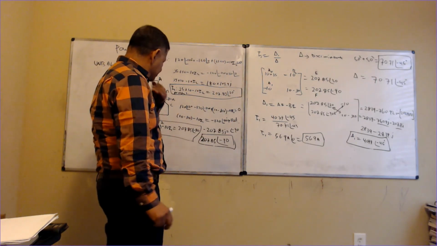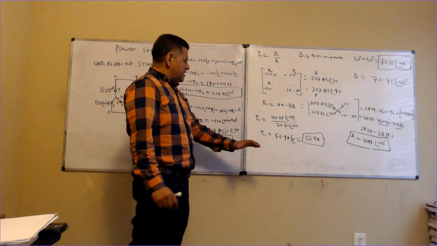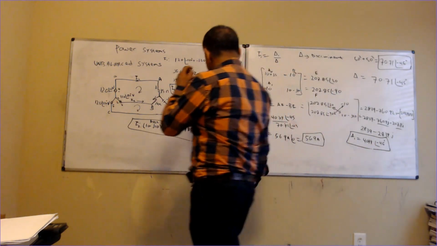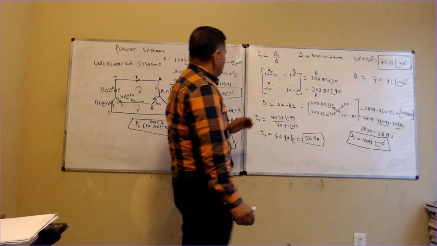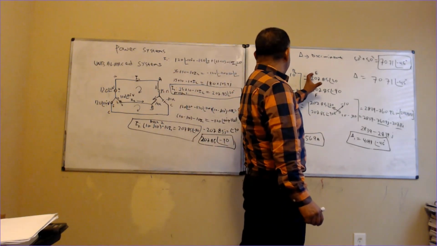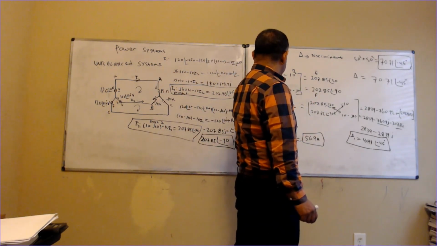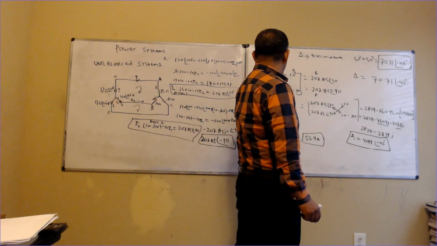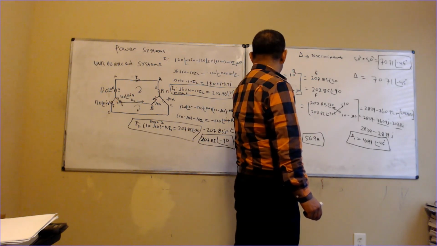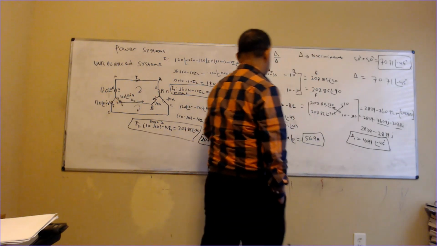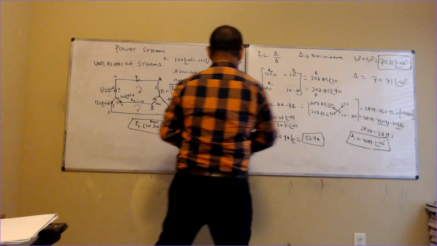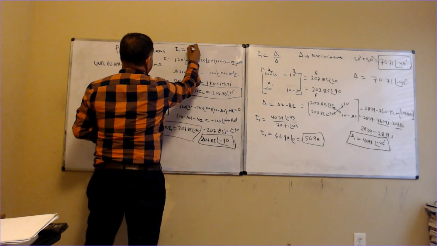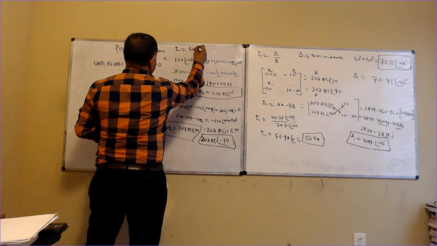Now we do the same thing, exactly the same thing, but now we will be moving these items in this, right? So now this is going to be taking care of this, and we will have this. So let's do it. I1 is equal to 56.9 amps.